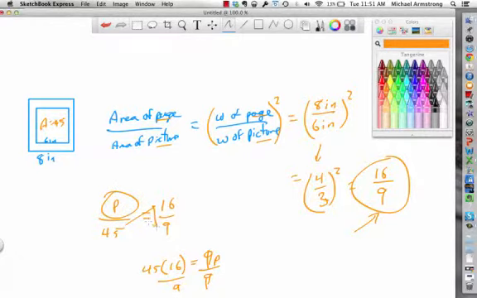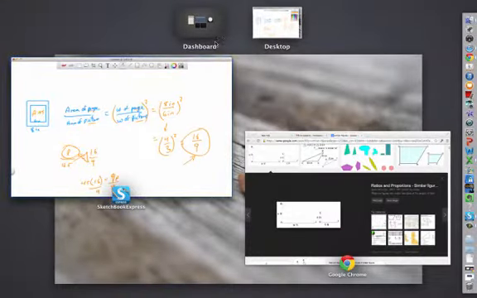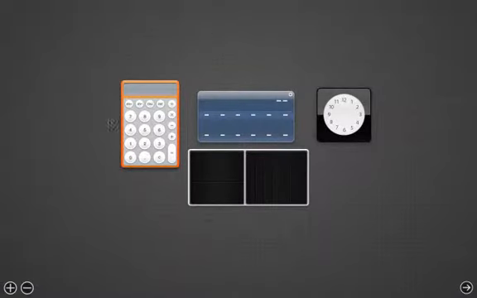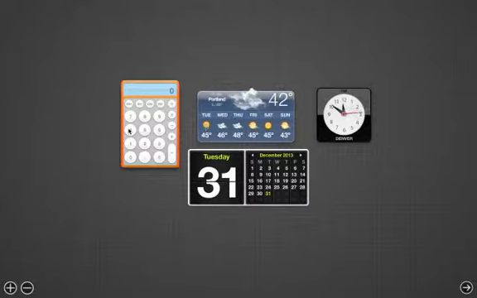It's almost like you go in this direction to find out what P is. 45 times 16 divided by 9, to our handy calculator. 45 times 16 is 720, divided by 9 is 80.